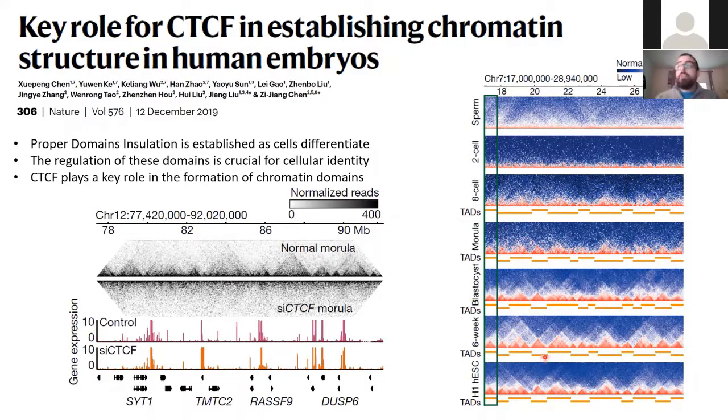So if you have an embryo and you knock out all the CTCF in it, it won't be able to properly isolate these domains, so it won't be able to properly differentiate, so the embryo is going to die. So the proper insulation of your domains is critical for cellular identity, but it's also critical for the normal functions of your cells.